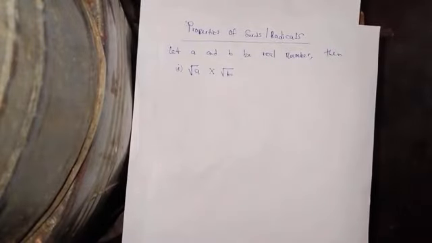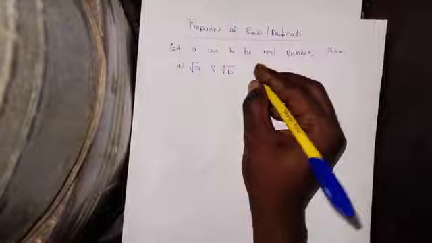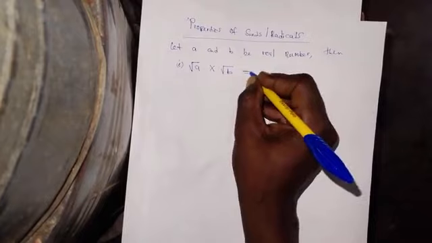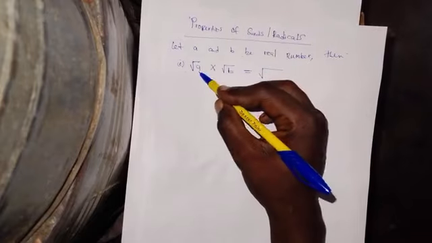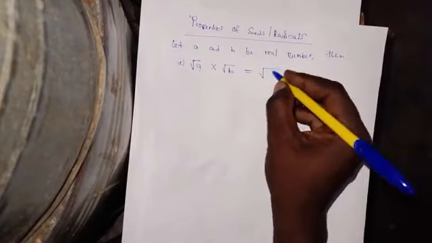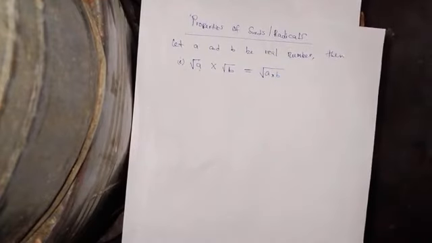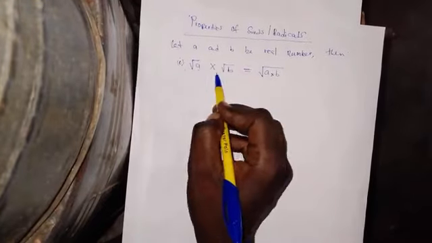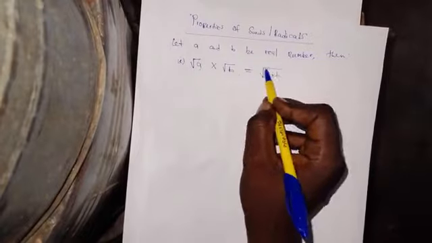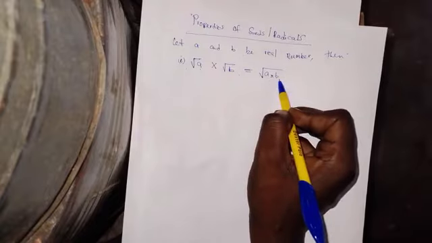Root of A multiplied by root of B. This is just as good as simply saying that the same root, take the real numbers A and B, and multiply them inside that root. So root of A multiplied by root of B is the same as the square root of A multiplied by B under the same root.